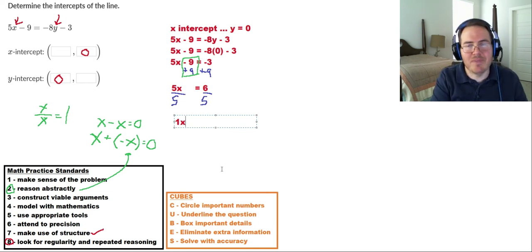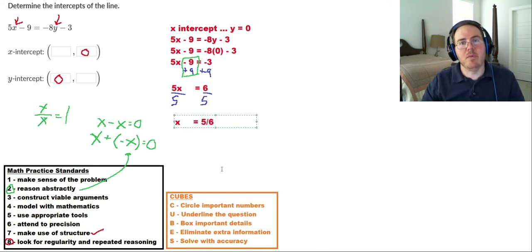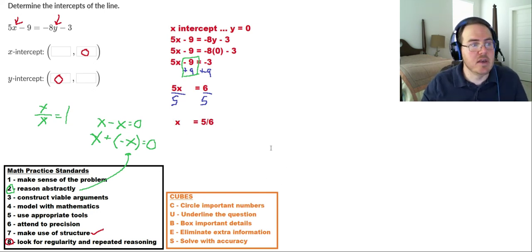I'm so lazy, I'm not even going to bother writing the 1. It's just x equals 6/5. Now, this is where some of your brains are going to melt because you think that all answers have to be positive whole numbers. Well, not today, friends. So this friend of ours, when y is equal to 0, x equals 6/5.